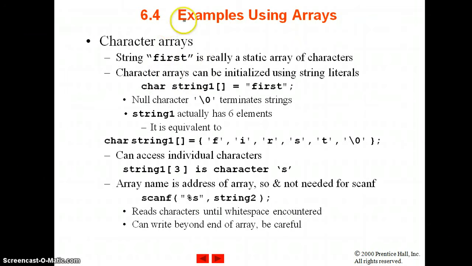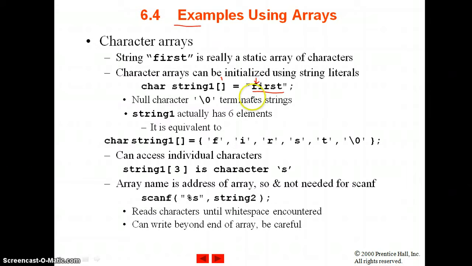Now till now we have seen examples of arrays using integer type data. We can use arrays for character and string data elements also. For example, we can store the word first as a character string in an array using the statement char string1[] = "first". From the word first, each alphabet is taken as an array value.